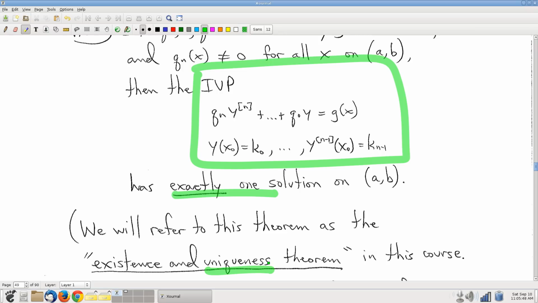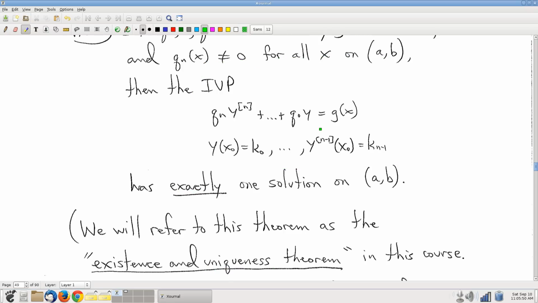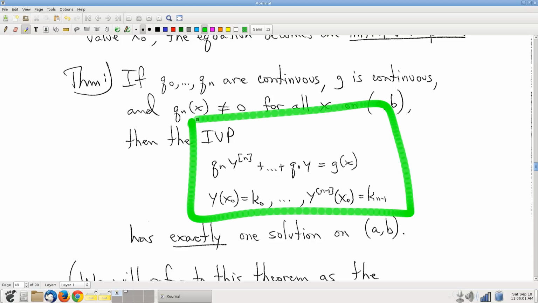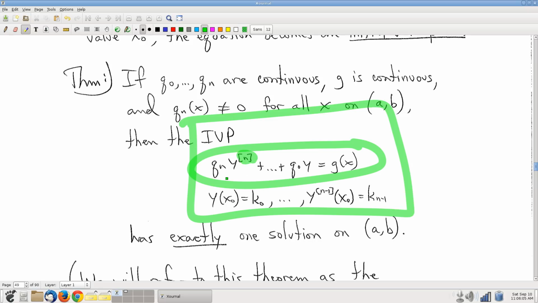So it's a very natural name. I think that's the right terminology to call this the existence and uniqueness theorem. And of course, this is an existence and uniqueness theorem for initial value problems involving nth order linear differential equations. Okay.